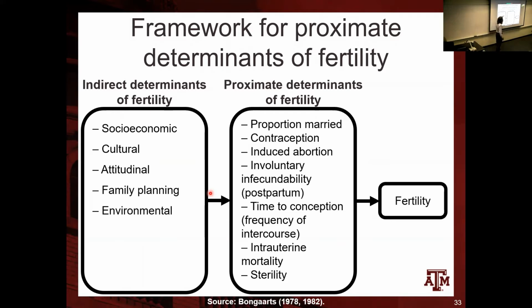And we have these 7 most important factors that directly affect fertility, and they are called the proximate determinants of fertility. And out of those 7, the first 4, proportion married, contraception, induced abortion, and postpartum infecundability, are the most important variables, right? So out of those 11 intermediate variables from Davis and Blake, he lists the 7 proximate determinants, and out of the 7, the first 4 are the ones that he mentions as the most important to explain variations in fertility.